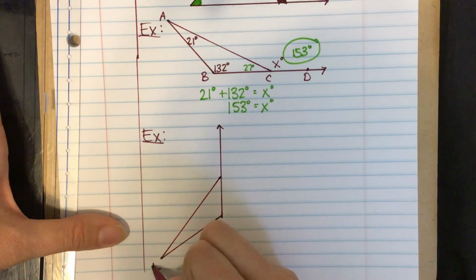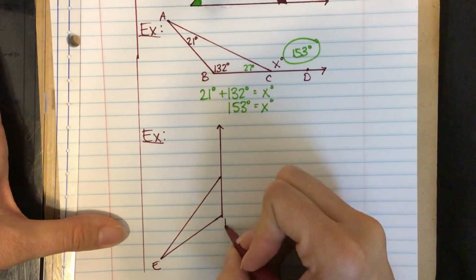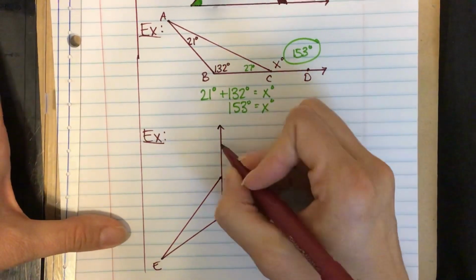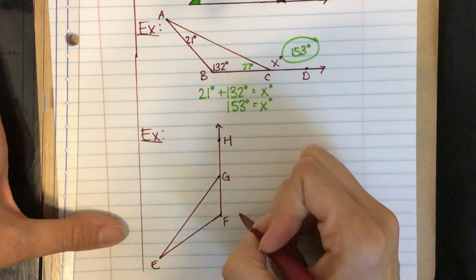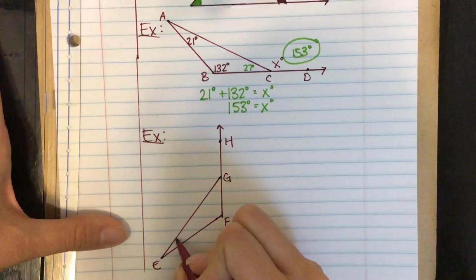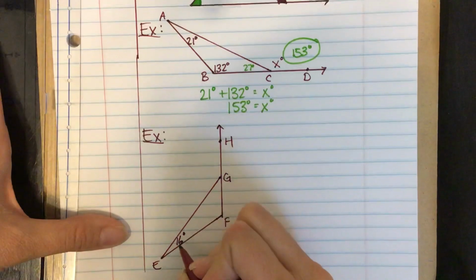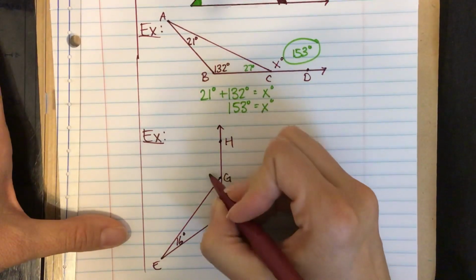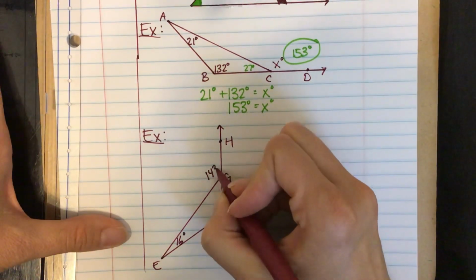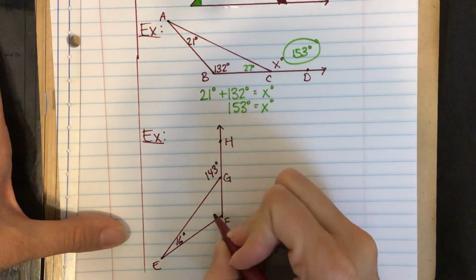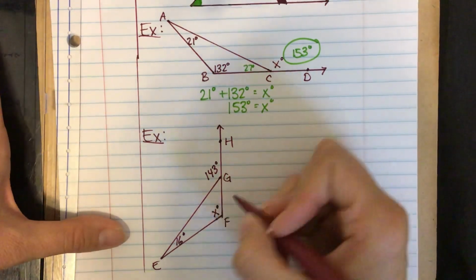Let's do E, F, G, and H. Now in this case, let's say we know that this is 16 degrees, and we know that the exterior angle here is 143 degrees, and that this angle is x degrees.